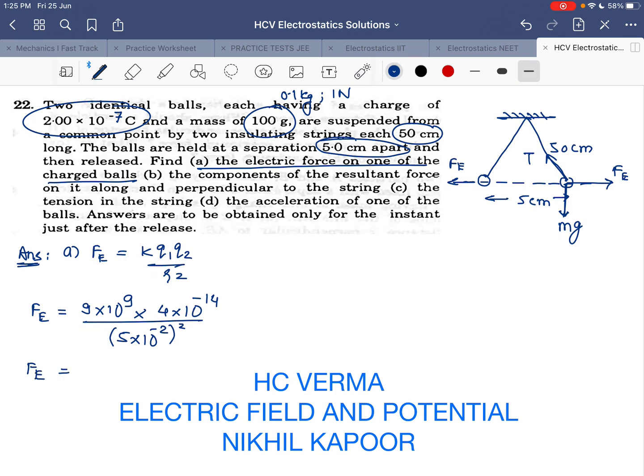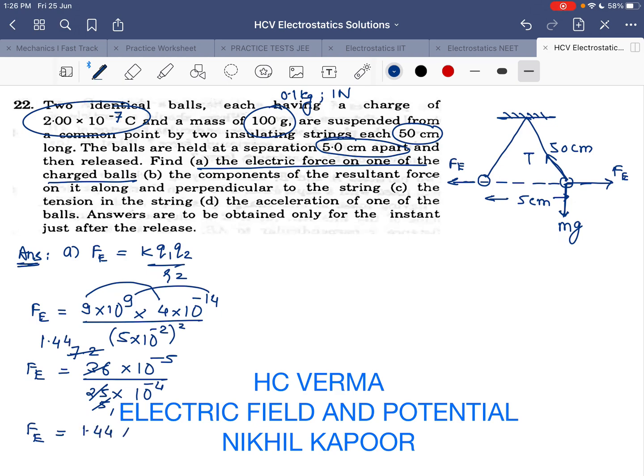So the electrostatic force will be equal to 9 4s are 36 into 10 to the power 9 minus 14 will be minus 5 divided by the square of 5 will be 25, and this 10 to the minus 4 will go up, it becomes plus 4. The electrostatic force will be equal to, so 5 5s are 25, 5 7s are 35, 5 1s are 5, 5 4s are 20, again 4s are 20.